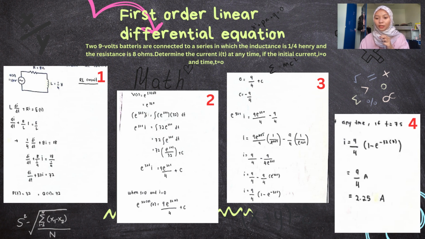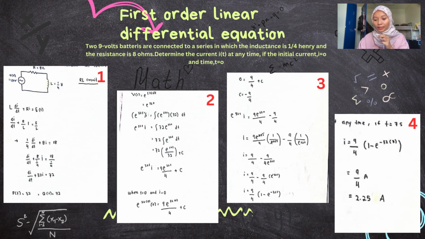After we get the value of the constant, we substitute it into the answer of the integrating factor, so we get the particular solution, that is I equals 9 over 4 in bracket 1 minus e to the power negative 32t.